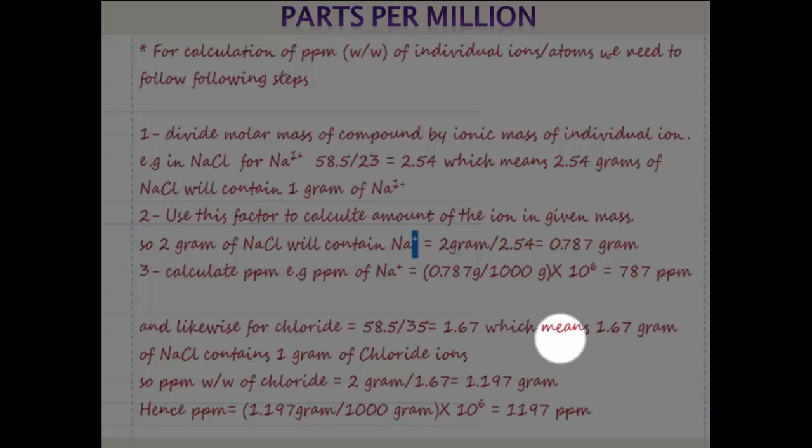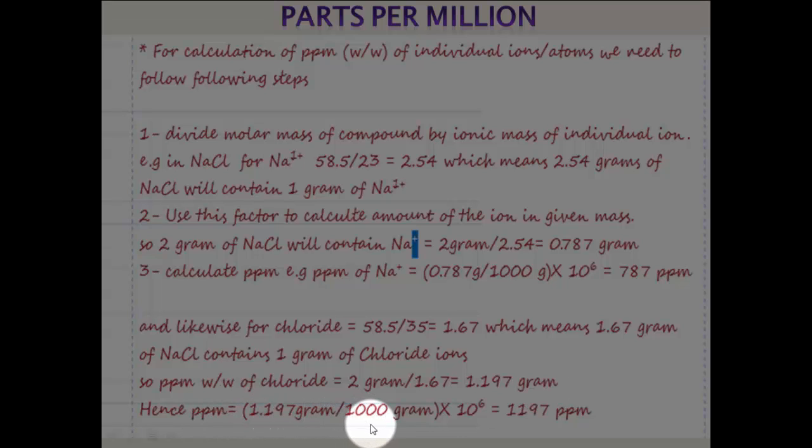And this 1.67 means that 1.67 grams of sodium chloride contains 1 gram of chloride ions; this is the factor here. So whatever quantity you have, divide this quantity by this factor and we get the mass of chloride ions present in that very sample, in 2 grams actually. So we have 1.197 grams of chloride ions.